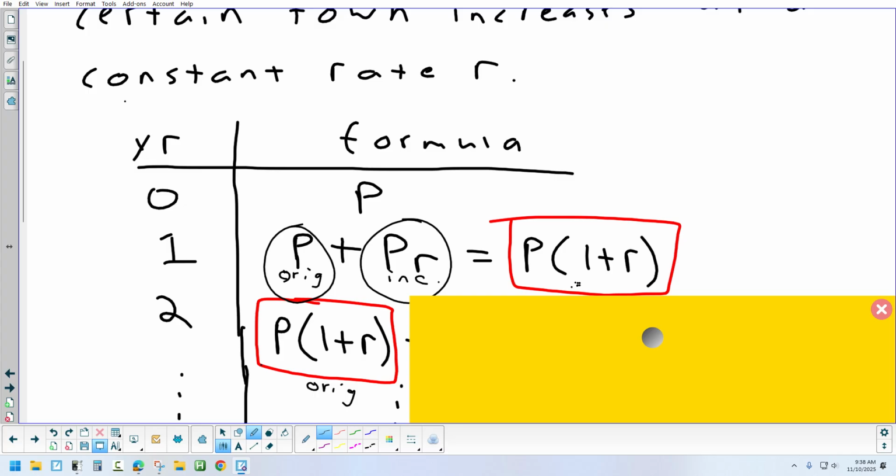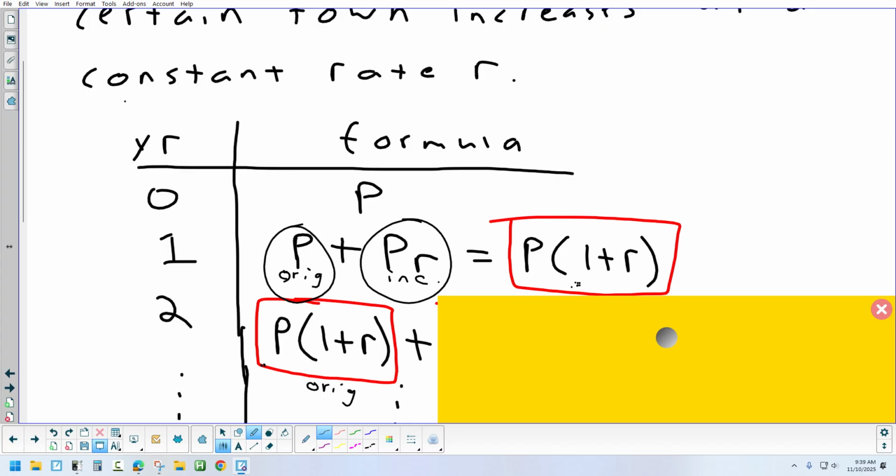Okay, what would you add to that? And how would you find 10% of this? How do you find 10% of anything? Yeah? Multiply by 0.1, or multiply by your rate.